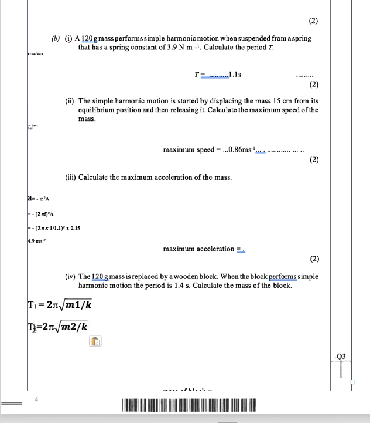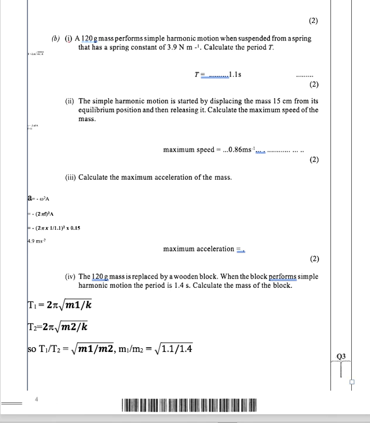Now I know T1, I know T2. I don't know k, but I know m1, the original mass, 120 grams. So I can now say that the ratio of the periods, T1 over T2, equals the ratio of the masses, square rooted, m1 over m2. So I know m1 over m2 is the root of 1.1 over 1.4.